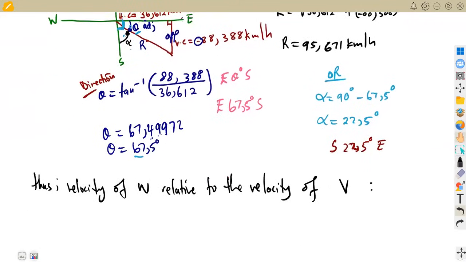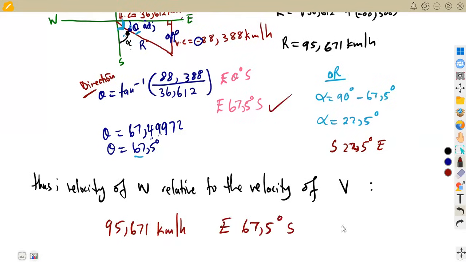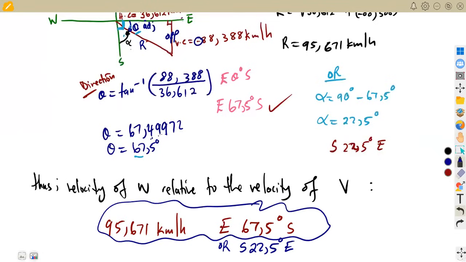So we've got our velocity, which is 95,671 kilometers per hour, and now you can consider the direction, which is east, 67,5 degrees to the south, or maybe you want to express it this way, meaning you are going to write it as south 22,5 degrees to the east. So it's up to you, but that is what we're supposed to have in this case.